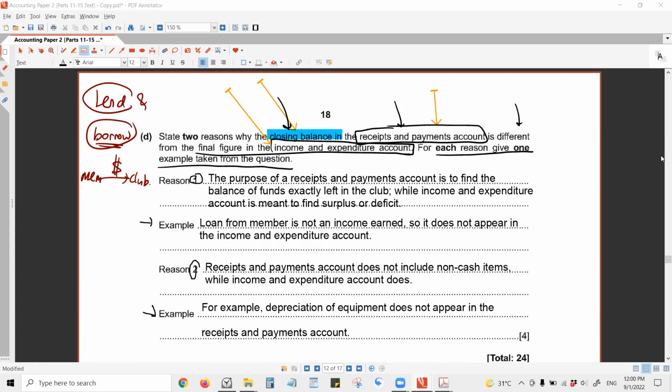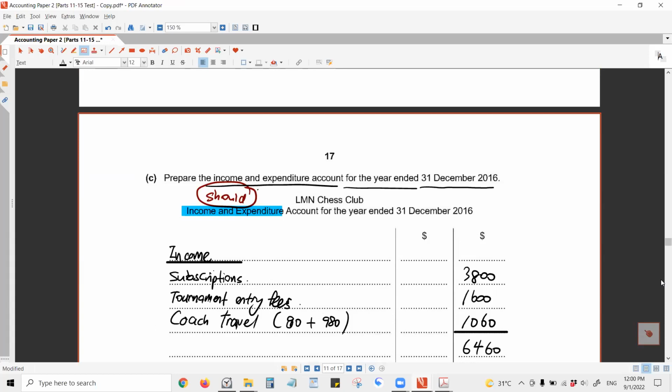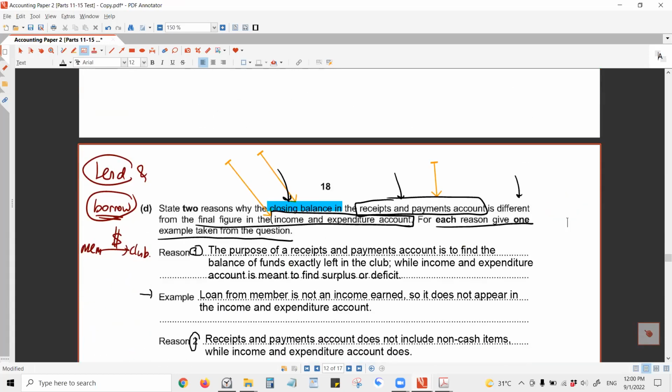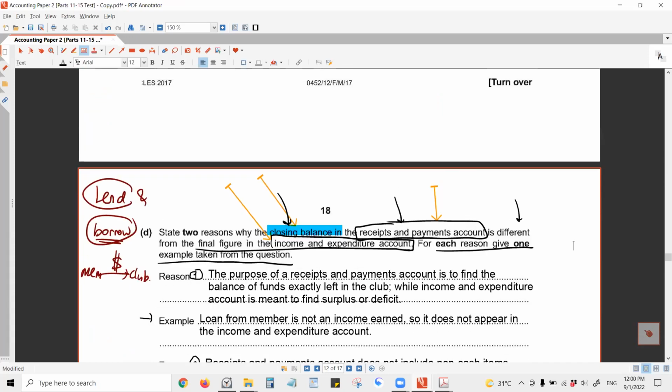You notice we have spent 1 hour discussing only part C and part D, right? But in the actual exam, should you spend that long? No, because when I discuss, I have to talk about many things in detail. I try to explain everything that you have to put into the answer.